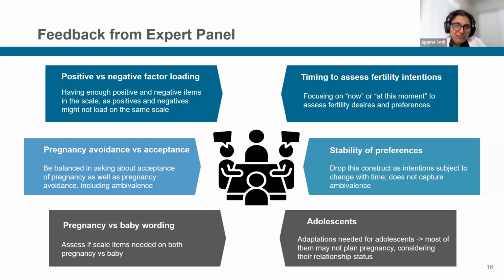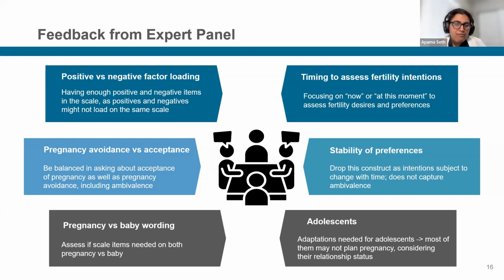And finally, this was an interesting thing that came up as we were reviewing the existing scale items. Some existing measures were asking about pregnancy, so they were worded like, if I become pregnant now. And some other survey questions were asking about baby, for instance, if you had a baby in the next year.